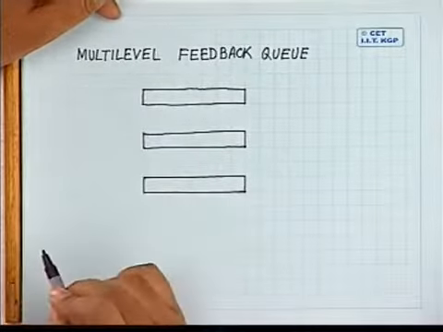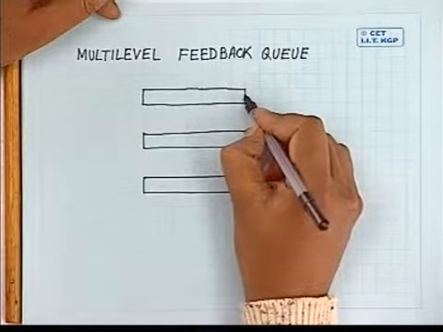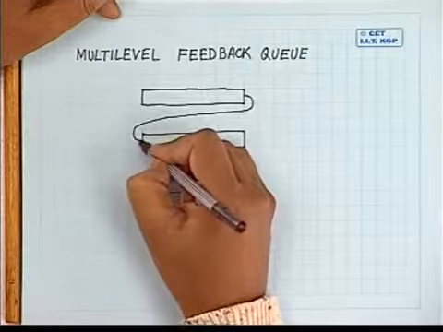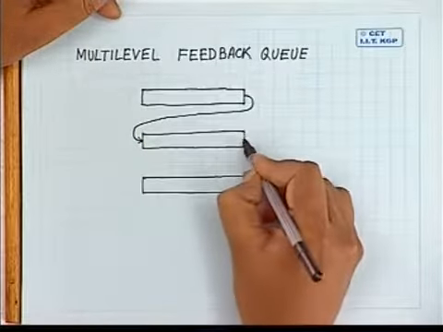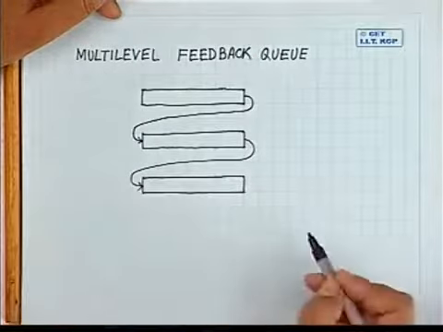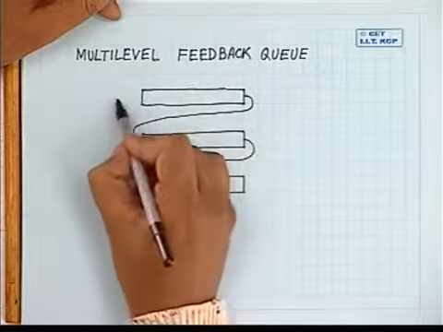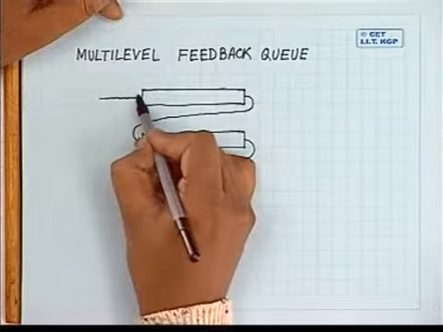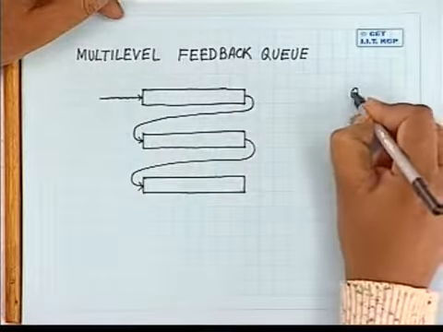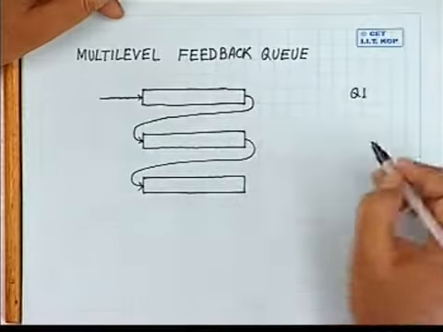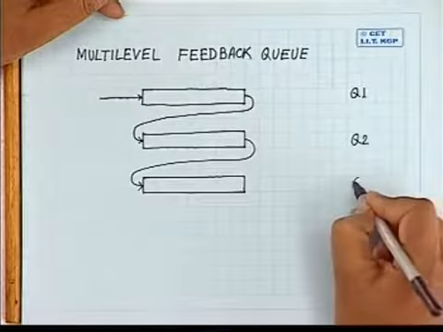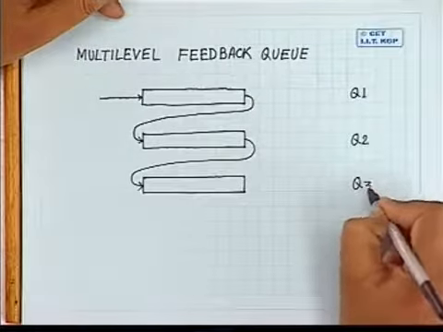Like this, but now with the provision that I can move the job from one queue to another queue. Whenever a job enters the system for the first time, the job is always put in queue number 1. So this is Q1, this is Q2, this is Q3.